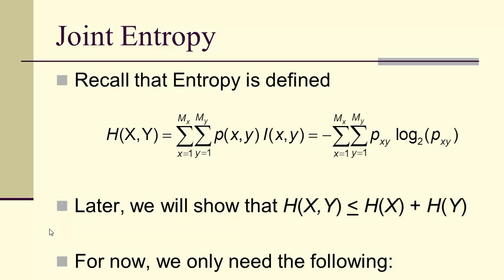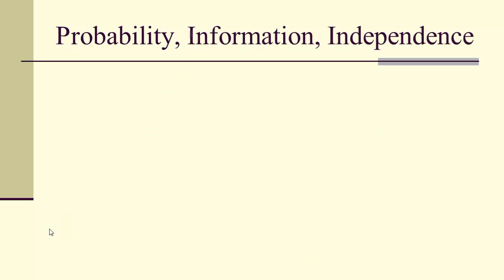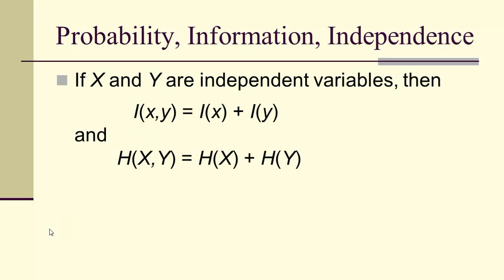Now later on we're going to show that the joint entropy is less than the sum of the individual entropies, but for right now we're just going to be using the two independence ideas. If X and Y are independent variables, then self-information of individual outcomes is the sum of the self-informations, and entropies, or average information, is the sum of the averages.